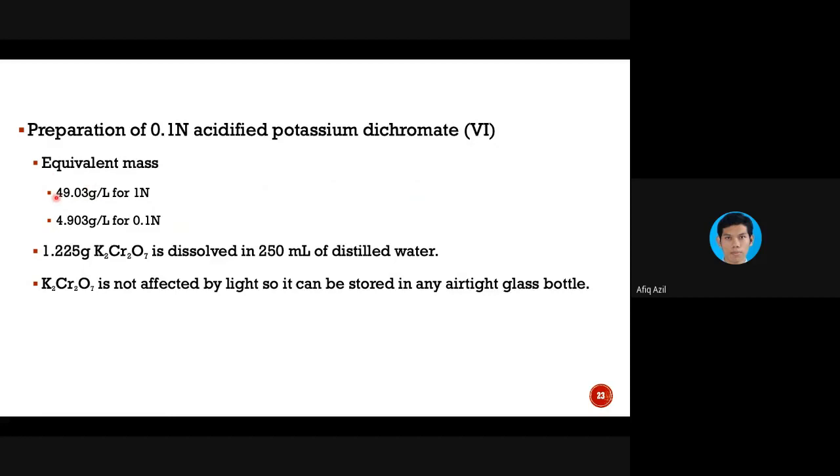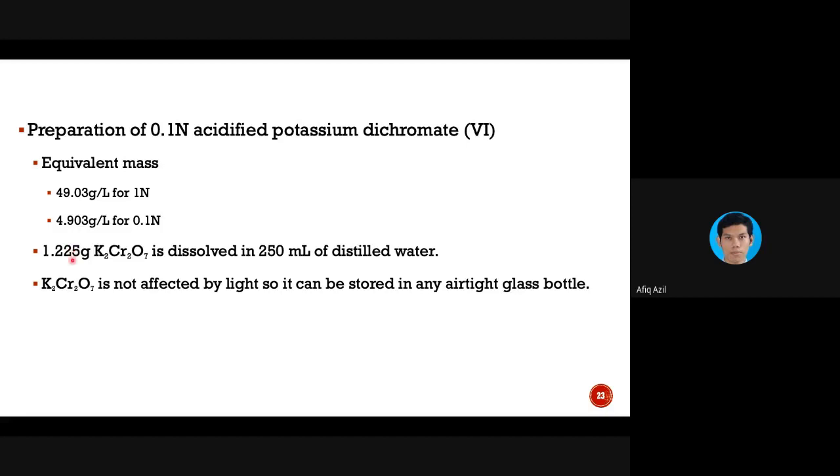Then you will get these values. So 49 in 1 liter if you want to prepare 1 N. But if you want to prepare 0.1 N, you just have to use 4.9 gram.